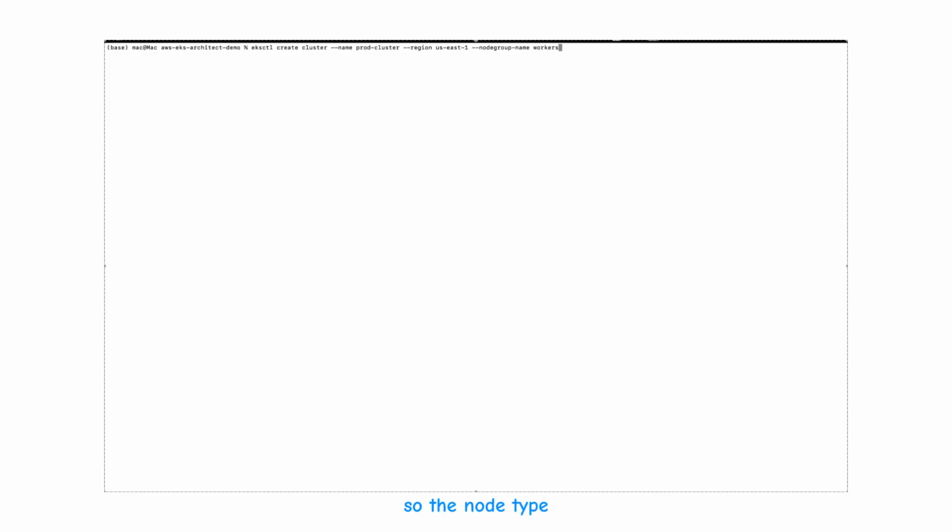So the node type, that's the instance type. Let me use T3 small. The reason why I'm using T3 small is it's cost effective for demo.